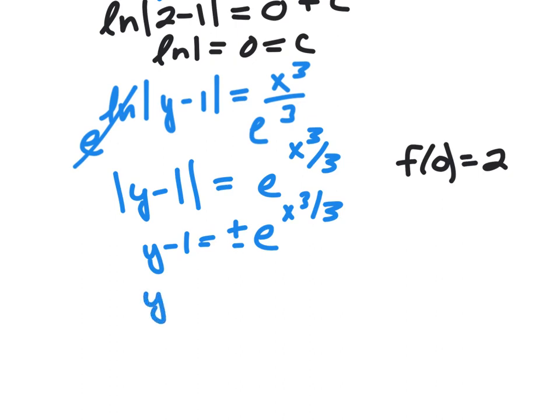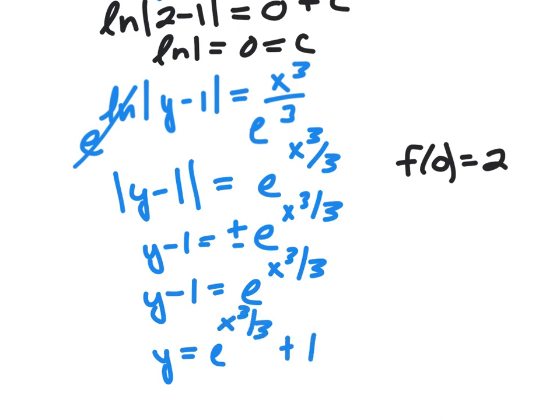So I'm going to drop the plus or minus and only keep the positive version, since my y value has to be positive based on the initial condition that we're using to find the particular solution. Then the final step is just add your 1 to the other side. So y would equal e to the x cubed over 3 plus 1. And that is my particular solution that goes through the initial condition f of 0 is equal to 2.